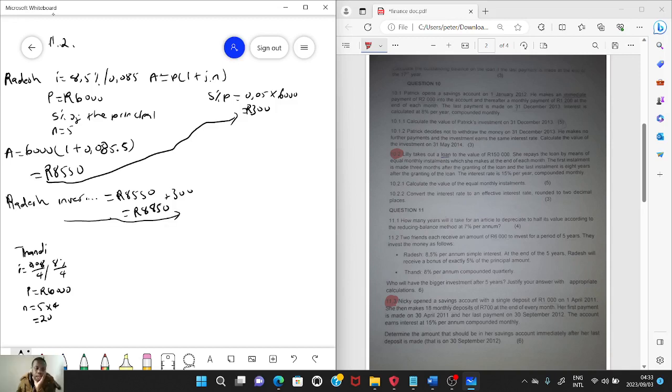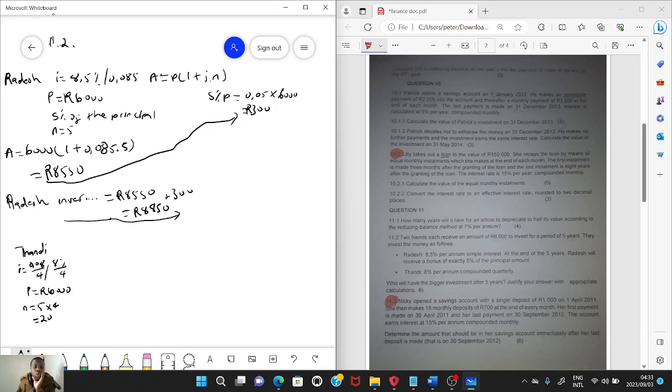Now let's look at Tandy. At Tandy, we are going to use compound interest, right? Why? Because we have mentioned the number of compoundings. So we are looking for A, and then we know P is 6,000 for both sides. We have 1 plus, what is our I? Our I in this case is 0.08 divided by 4.